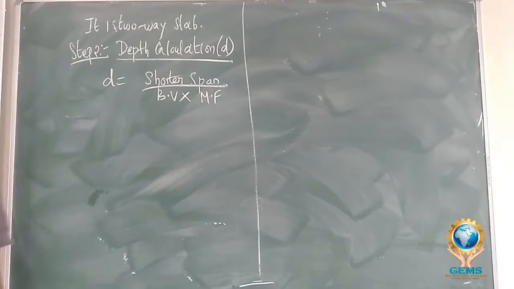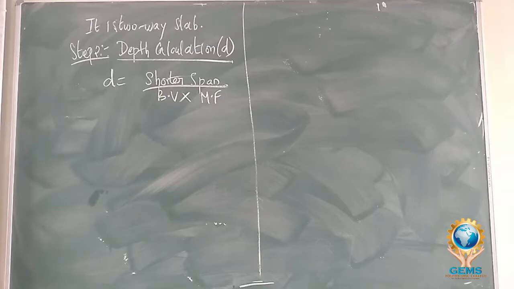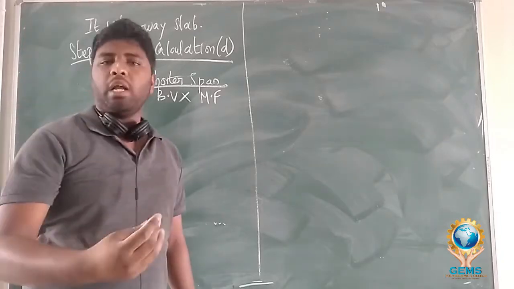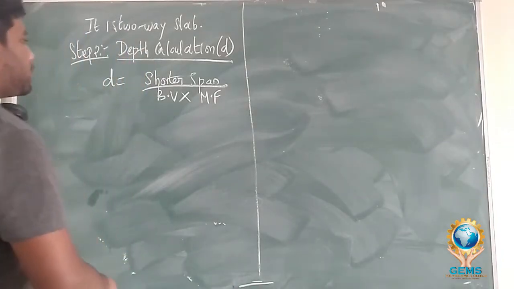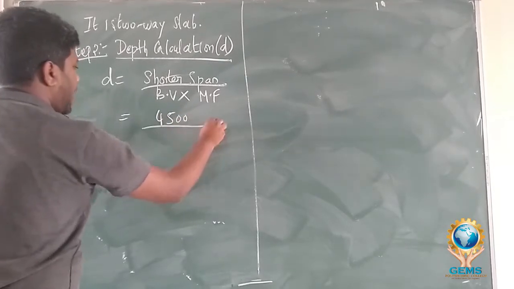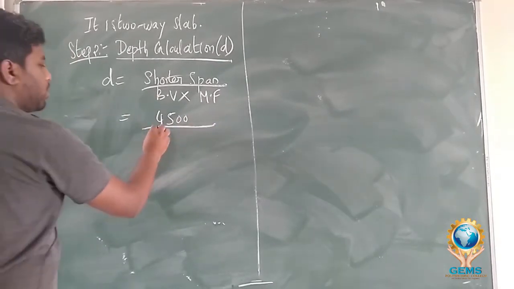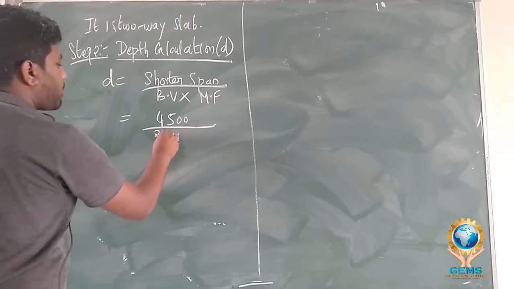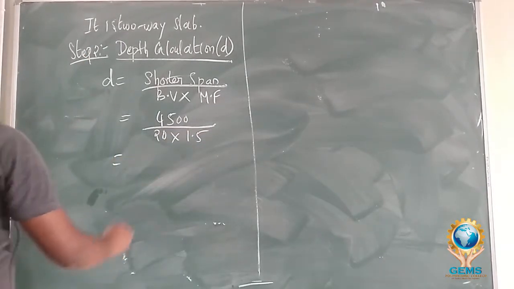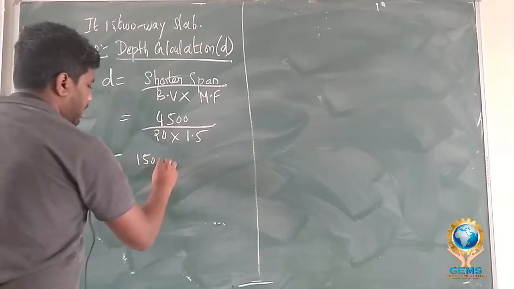Your shorter span is 4.5 meter. The effective depth is calculated in millimeters, so you should convert everything into millimeters. So the shorter span is 4,500. The basic value for a simply supported beam is 20, and always take the modification factor as 1.5. So your answer is 150 mm.